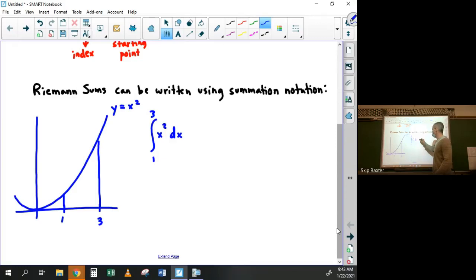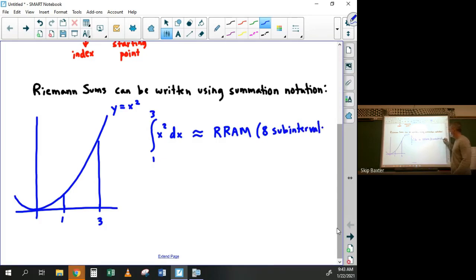So say I wanted to approximate this using the right rectangular approximation method with, let's say, 8 subintervals of equal width.